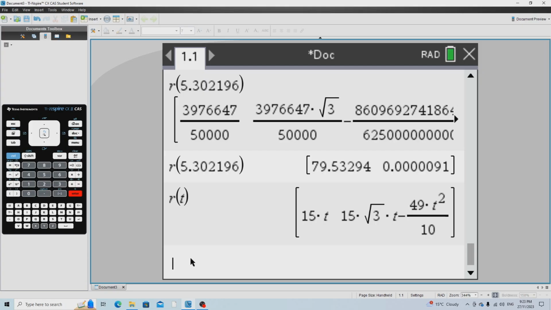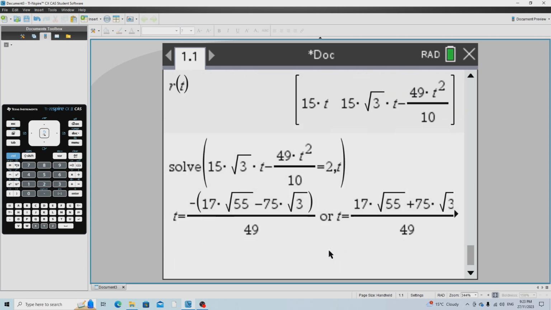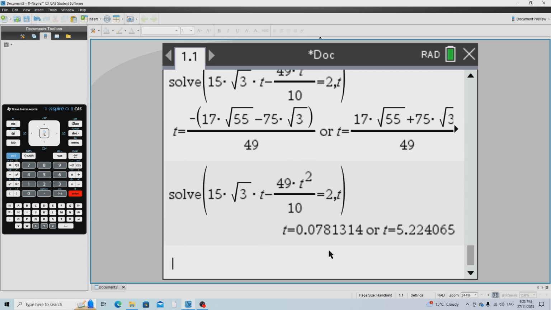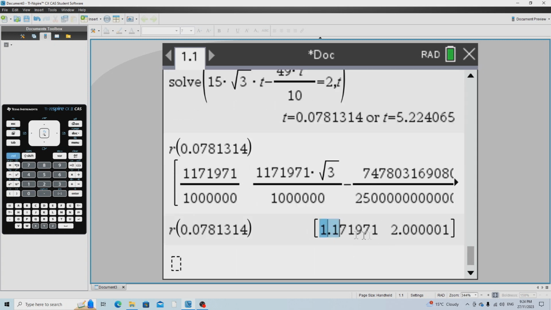And let's calculate that. We'll calculate the time. This over here equals 2, and we get 2 values, of course, for t, so it should be 5.2 for this one over here, and we just need to sub into r of t. Let's check both of them actually. If you check this one over here, r of this, control enter, what do we see? Well, the distance is not more than 40, because it tells us that he's gone more than 40 meters horizontally, so it's not this one. So it can only be r of this one over here.